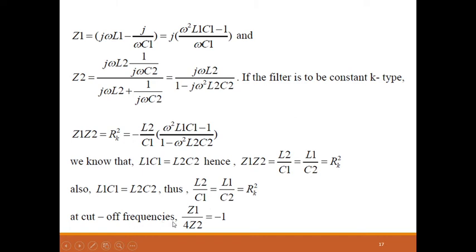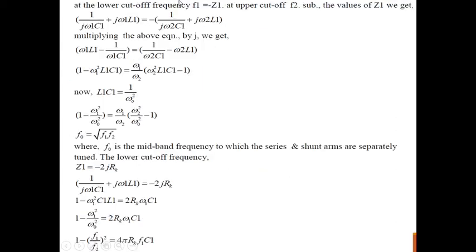Then at the cutoff frequency, Z1 divided by 4 Z2 should be equal to -1. And the lower cutoff frequency F1 should be equal to minus Z1. Then the upper cutoff frequency F2 should be, the values of Z1 remain the same.